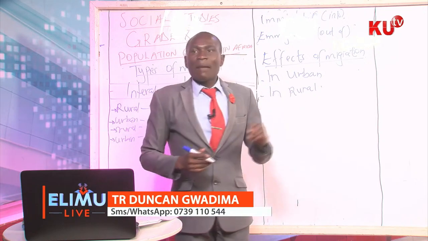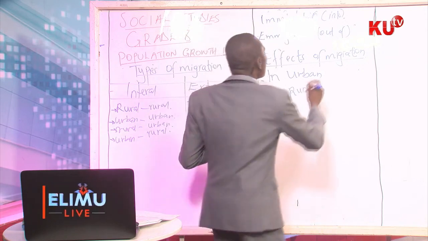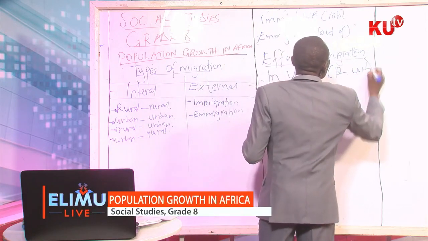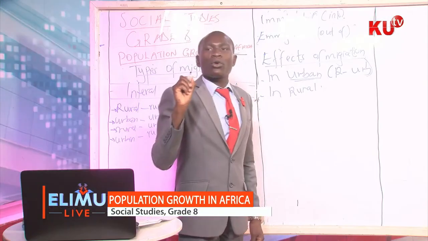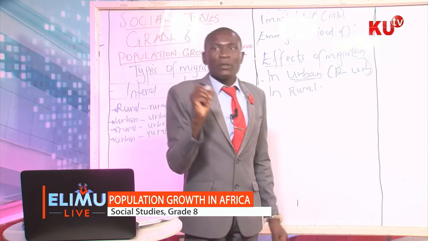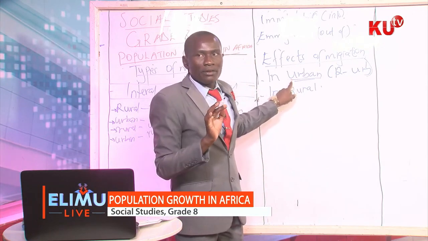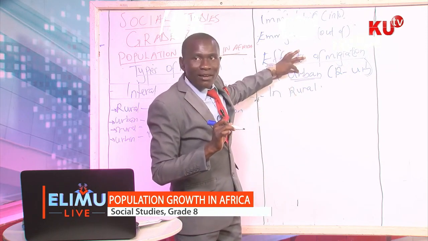Let us look at effects in urban areas. If we have people moving from rural to urban, it means in urban areas, one, we will have unemployment because we will not have enough jobs for that large number of people. So that is an effect in urban areas.